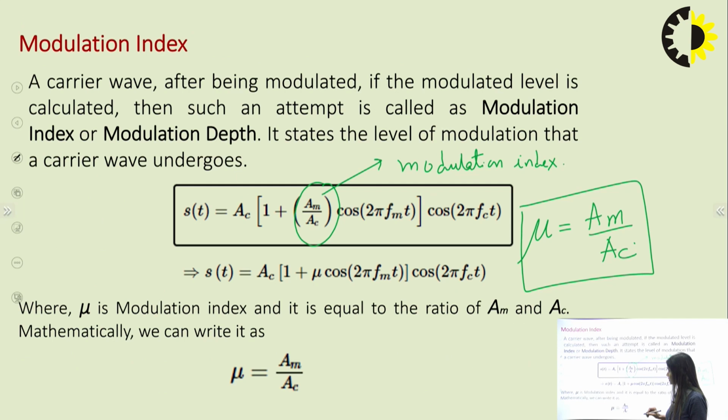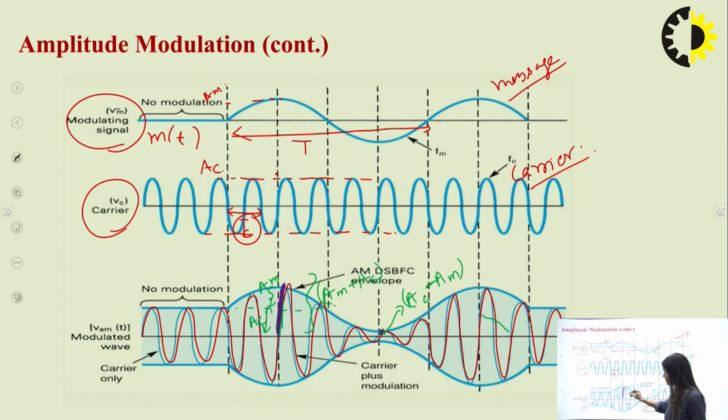See, in the first slide itself, if AM is less than AC, there will be a gap. If AM is greater than AC, then it will cross the x-axis and go down the x-axis, right?